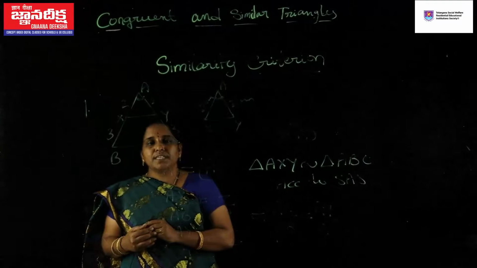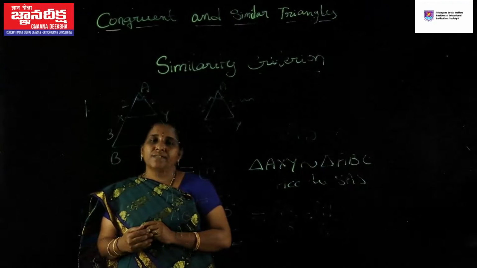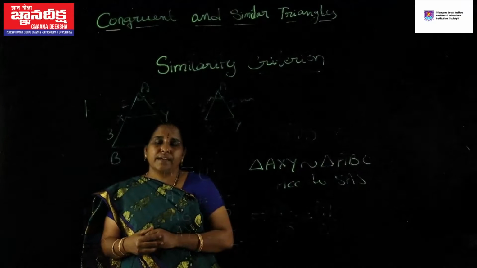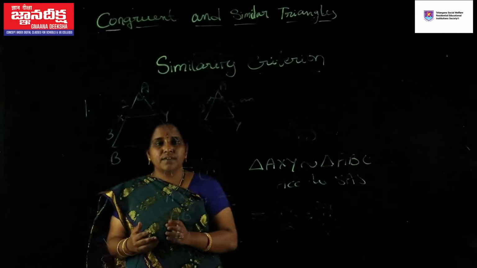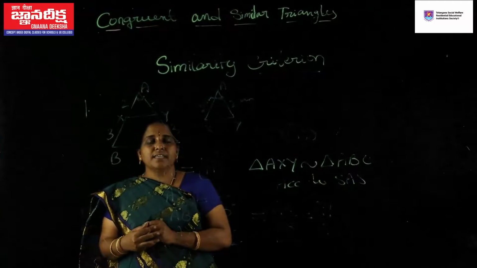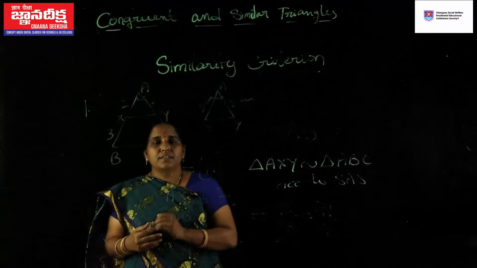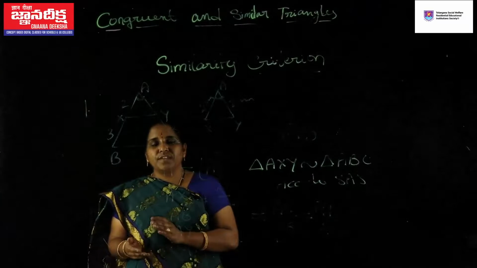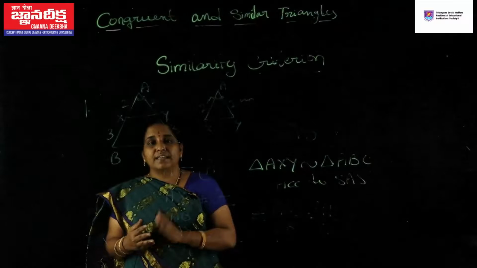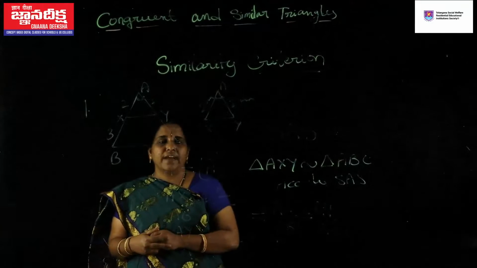Two line segments are said to be congruent when they have the same length. And two angles are said to be congruent when they have the same measure. Angles of the same measure are congruent. And two triangles are congruent when the 6 elements of one triangle are congruent to the corresponding 6 elements of the second triangle.